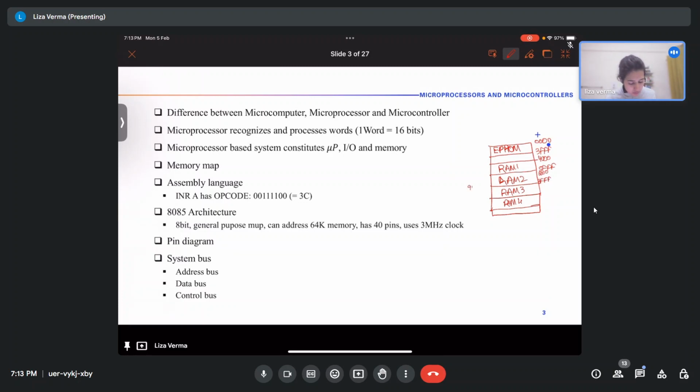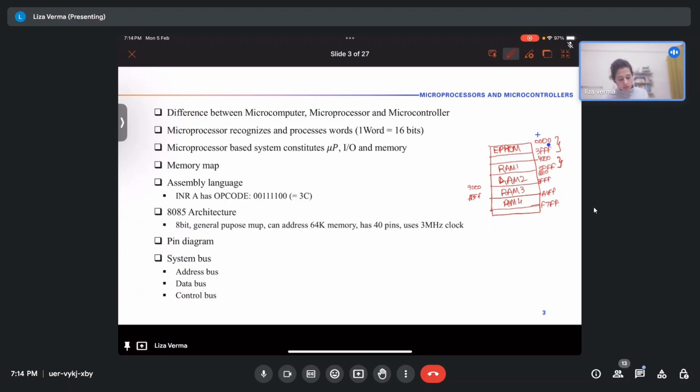RAM3 starts from 900 to AFFF. RAM4 starts from A4FF to F7FF. So this is the memory map. These are the addresses of different memory locations that are assigned as EEPROM, RAM1, RAM2, RAM3, and RAM4.